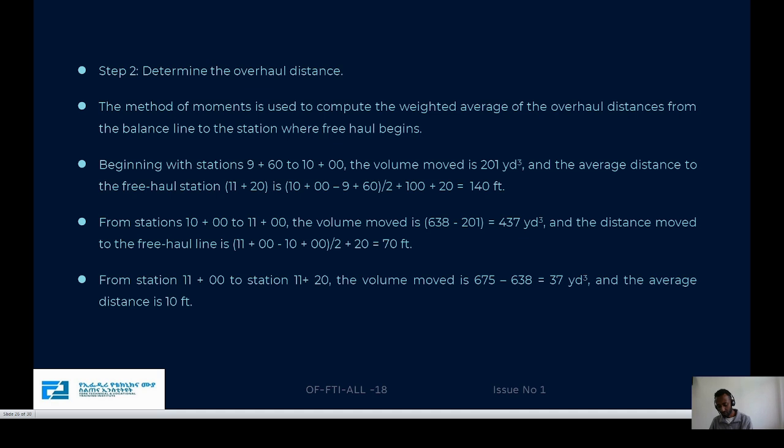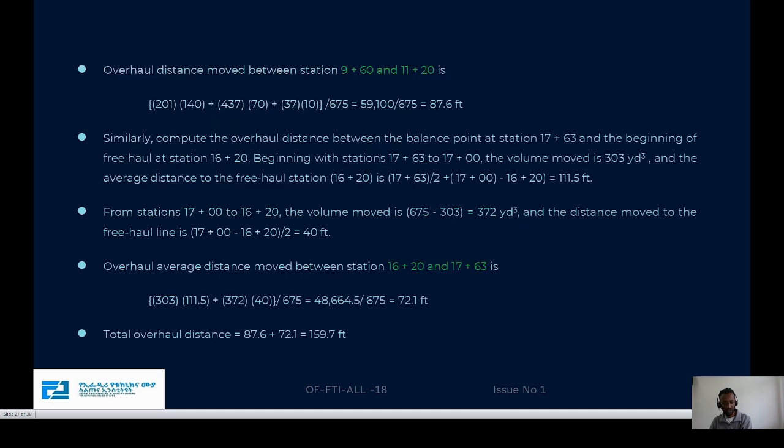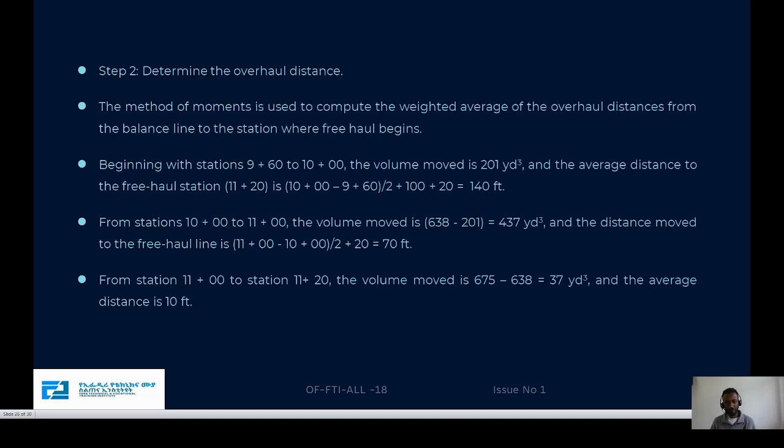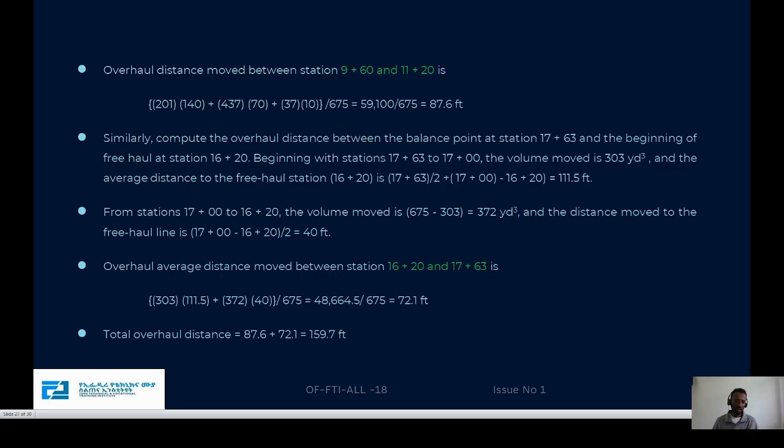So on average the distance is 10 feet, and also the overhaul distance moving between 9 plus 16 and 11 plus 12. We get 201 between 9 plus 16 and 10, and we also get 14.